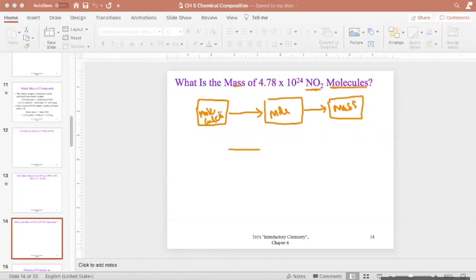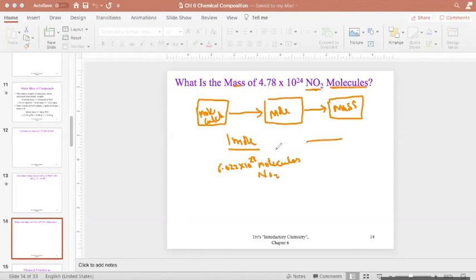So now let's make a conversion factor. How molecules and moles are related. We know Avogadro's number, moles, and atom or molecule, right? No, we need moles on the top over here. So I can say 1 mole because we need mole over 6.022 times 10 to the power 23 molecules of NO2.